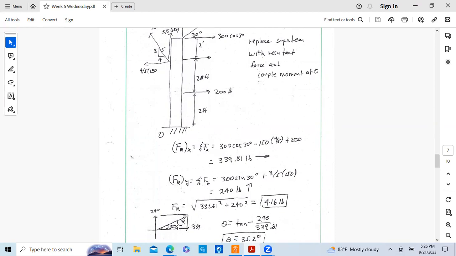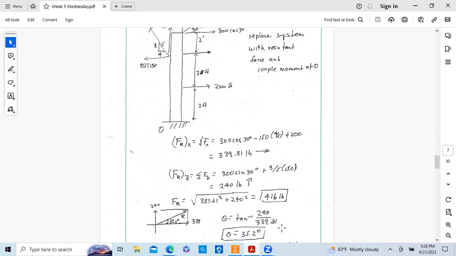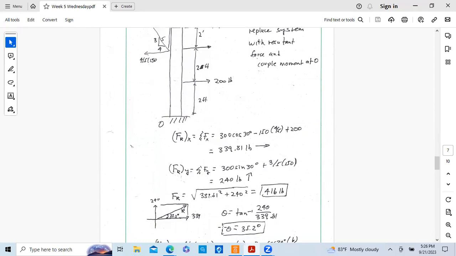So here's theta. It's the inverse tangent of the Y component, which is going to be the 240 divided by the X component, which is 339.81, carried out. And so theta ends up being 35.2 degrees. Okay, and so that's the answer. Resultant 416 pounds, acting at an angle of 35.2 degrees.